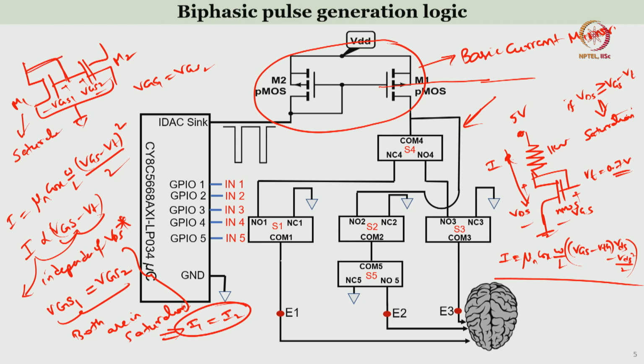If you short the drain and gate, this is drain, this is gate, this is source, drain 1 to be clear, gate 1, source 1, this is drain 2, gate 2, source 2. Now, by observing it, sorry, I messed it up a bit, let me clearly draw this.